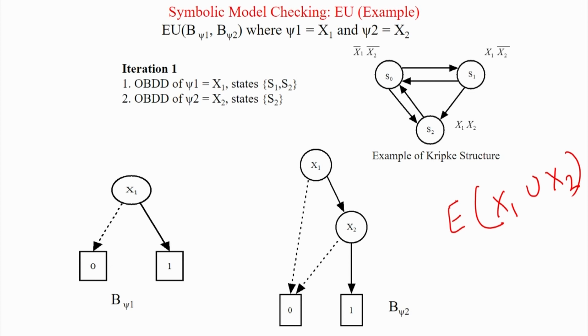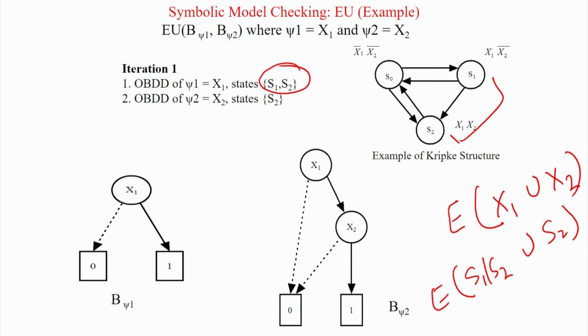Where is x1 true? x1 is true in states s1 and s2, and x2 is true only in state s2. So that means existential of s1 or s2 until s2, and there should exist a path where this holds.